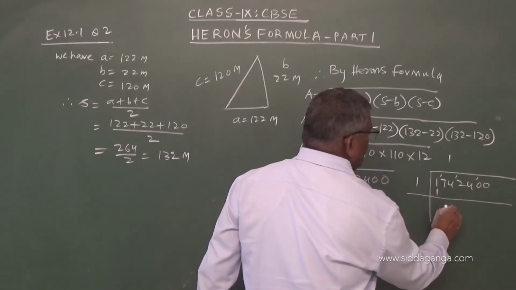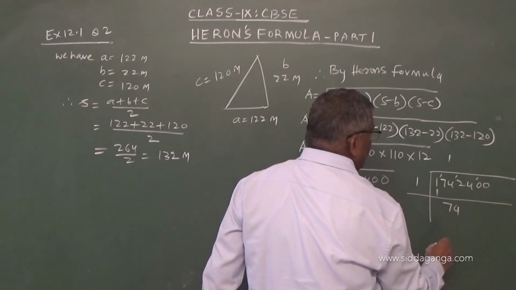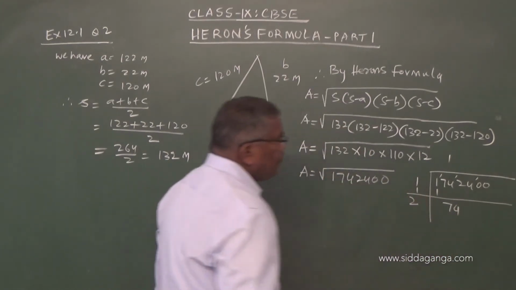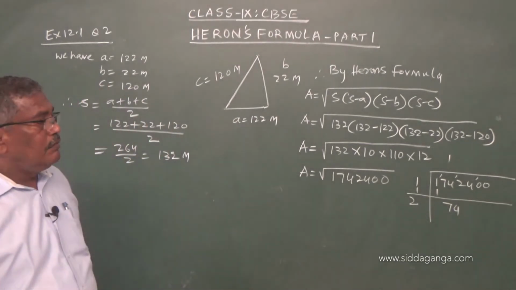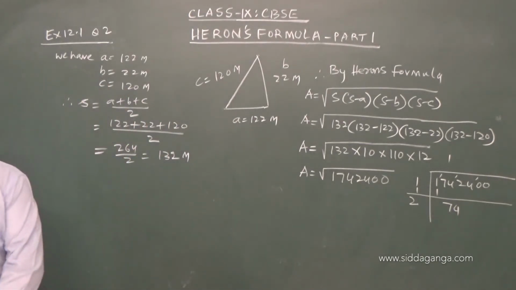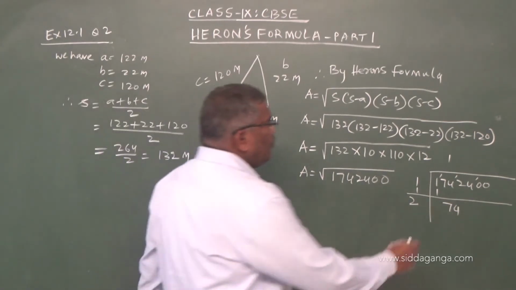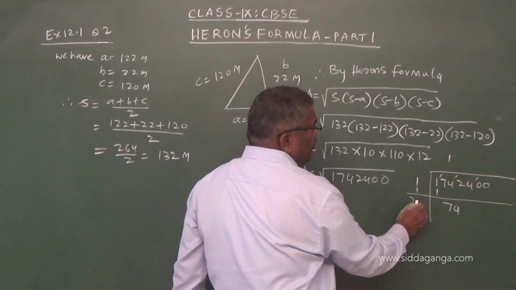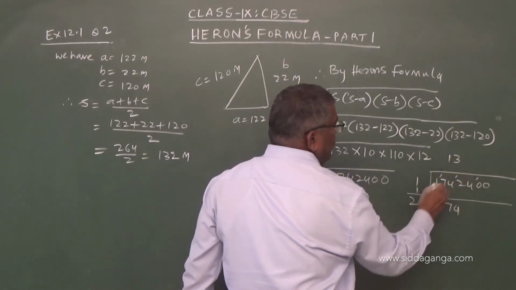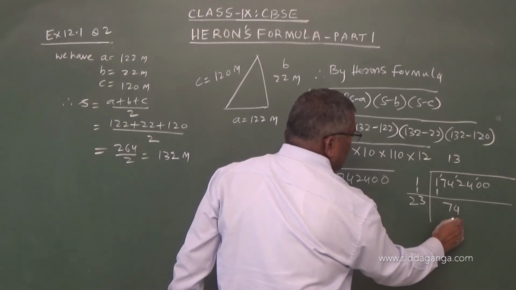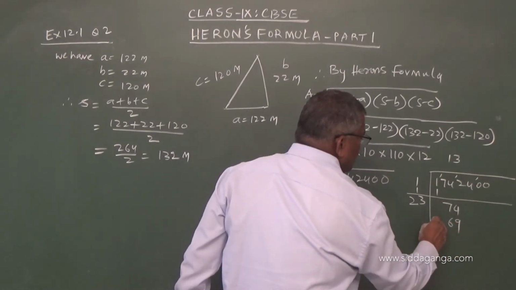So this becomes 0. I will take 74 down. I will add 1 to 1. It becomes 2. Whatever I put here, same thing I have to put here and multiply. 23 into 3 is 69.